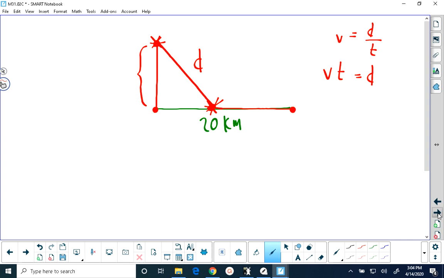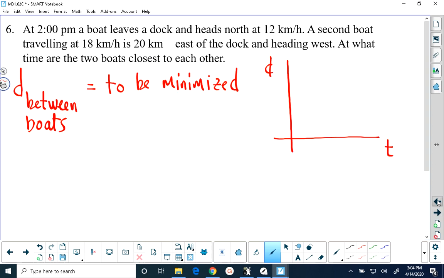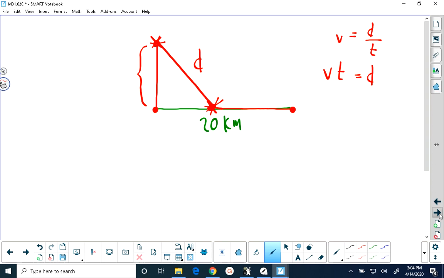And the boat that was traveling north was traveling, I believe, at 12 kilometers per hour, which means that distance it travels is the speed times the time, 12t. This distance that the other boat travels is its speed times its time, and it was traveling at 18 kilometers per hour, so that is 18t.